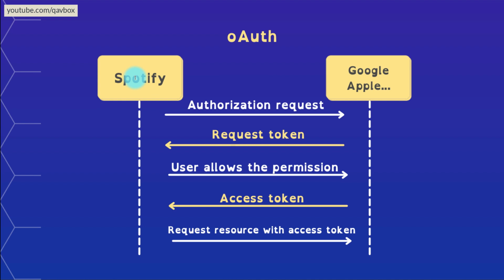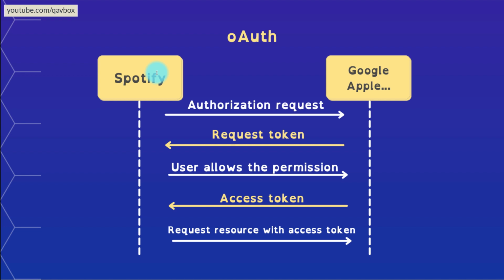Now it is the duty of the user to allow whether to have these permissions or not. Once the user allows that, one access token will be given to Spotify. Whenever Spotify needs any of the information on a need basis, this access token will be sent with the request.